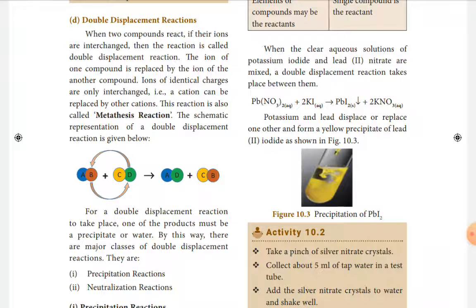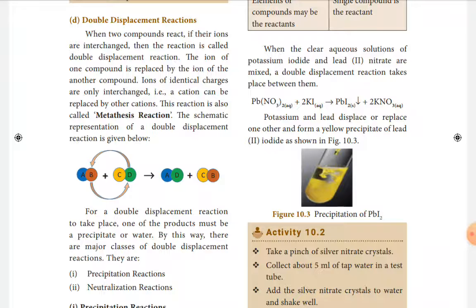Then the combustion reaction. In the combustion reaction, heat energy is the main source, and here the rapid combination of the reactant with oxygen takes place. So oxides and heat energy will be evolved. Examples: when hydrocarbons burn in the presence of oxygen, carbon dioxide, water, and an enormous amount of heat energy will be evolved.